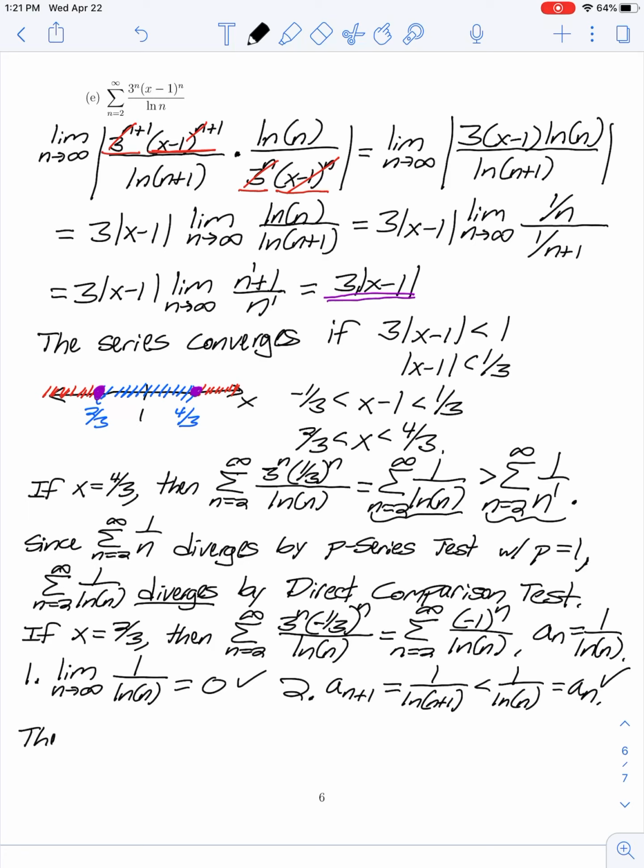So we can say the series from n equals 2 to infinity of negative 1 to the n over the natural log of n will converge by the alternating series test.